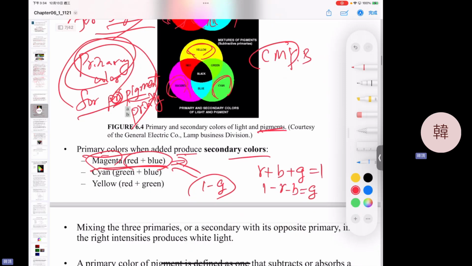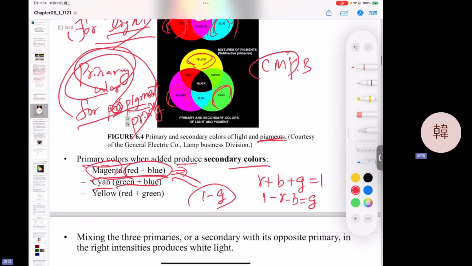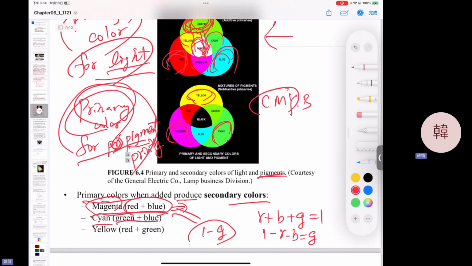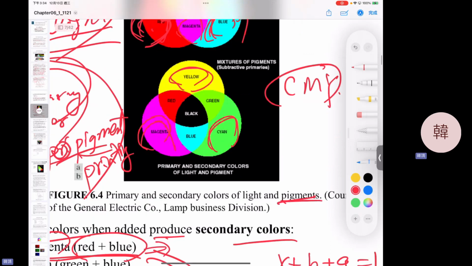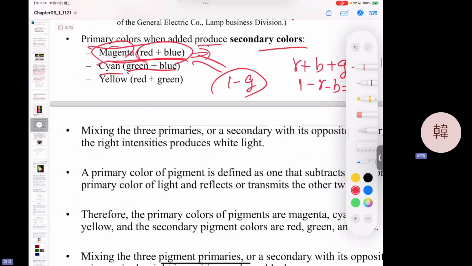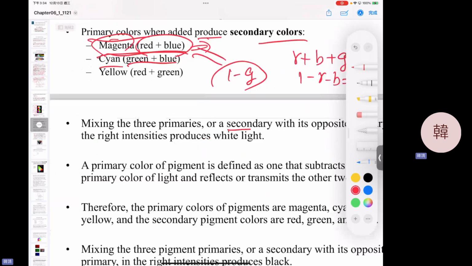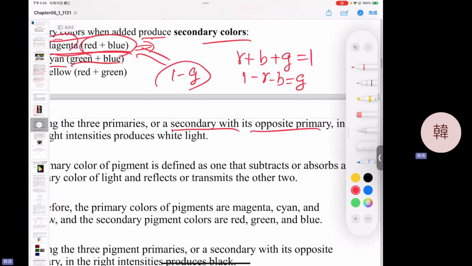And green plus blue should be cyan, which is also 1 minus red. So this is the secondary color system and the corresponding secondary colors. Red and cyan are in this location here. Mixing primaries gives a secondary, the opposite of the remaining primary. So we say it's the opposite primary for your secondary system.